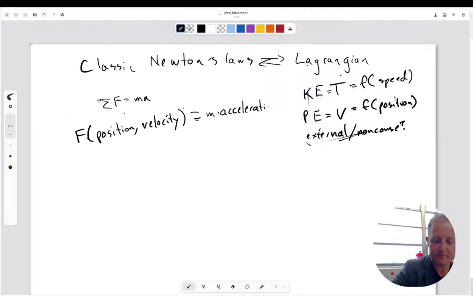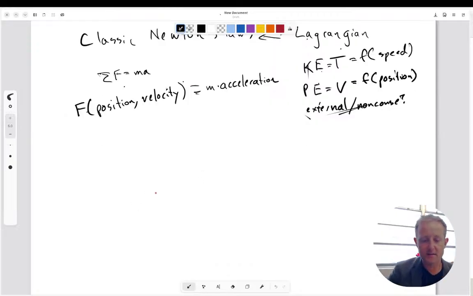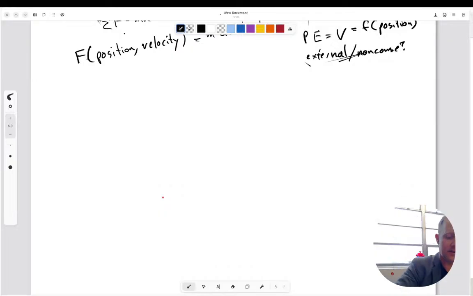All right, the best way to try this out is to look at a familiar example.